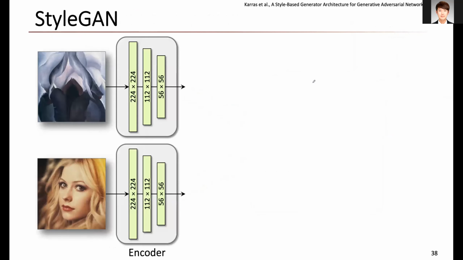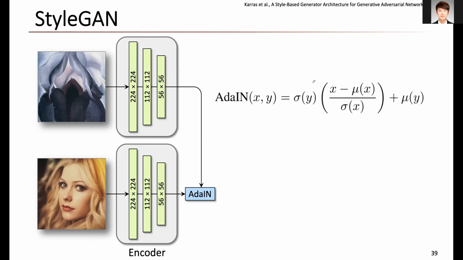So let's think about StyleGAN. First of all, AdaIN is defined like this. Before that, from style images and content images, we extract the feature vectors and use AdaIN normalization. What is AdaIN? Let's suppose that this is x vector, x, maybe a tensor, right? x and y come from content images and style images respectively.